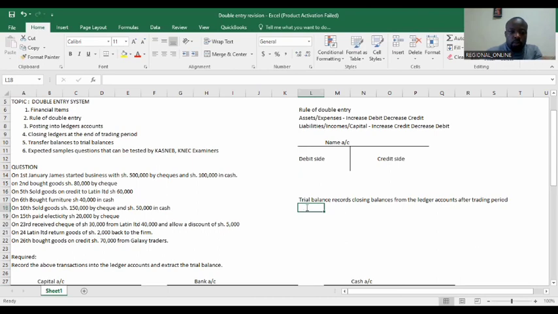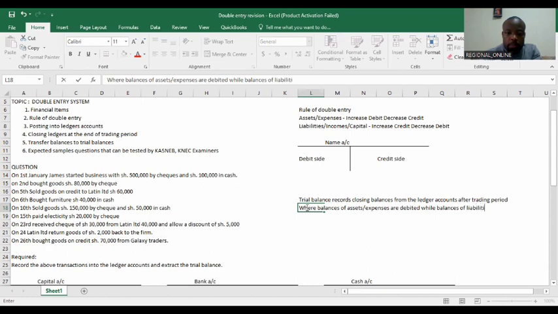And you can just say that where balances of assets stroke expenses are debited, while balances of liabilities, incomes, and capital are credited.